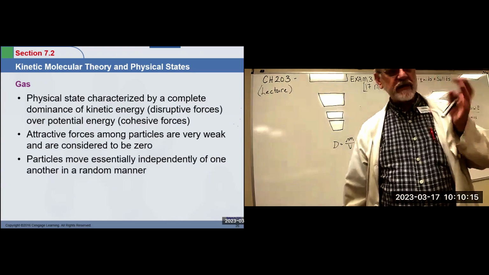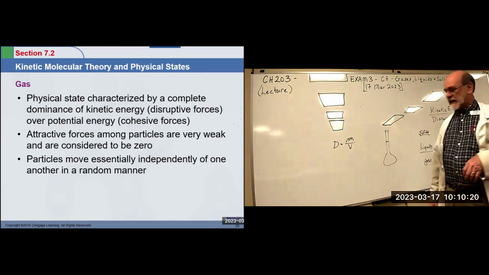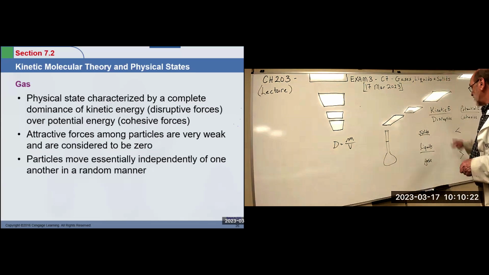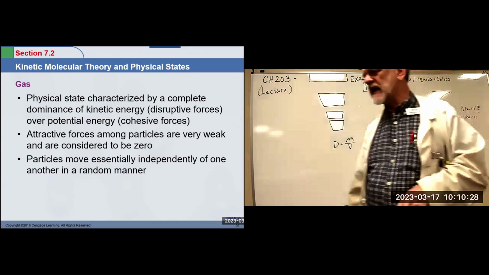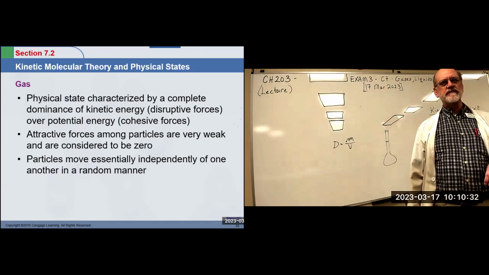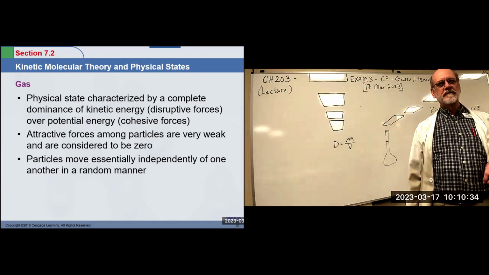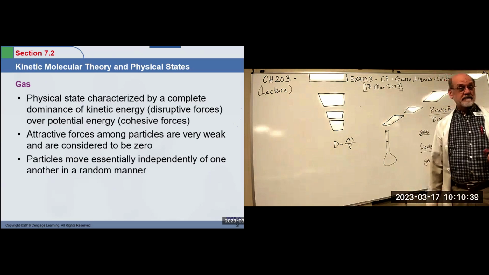So the particles move independently of each other. They have a very high kinetic energy. I don't know, did we do it in this class where we calculated the average velocity of particles? Okay, I must have done that in a different class. But you can do that.